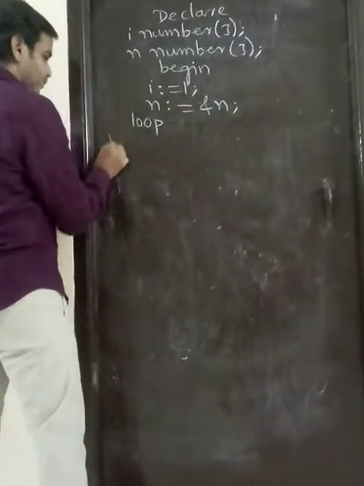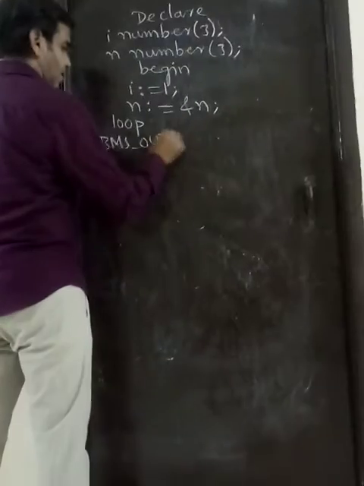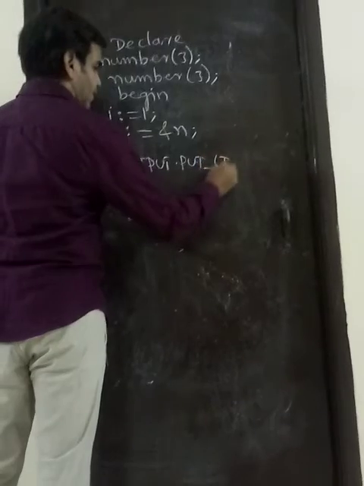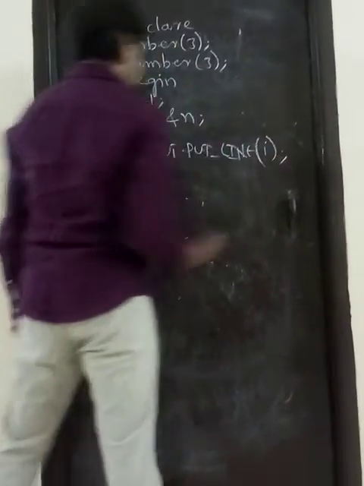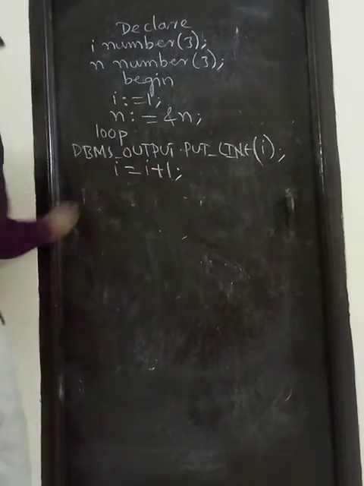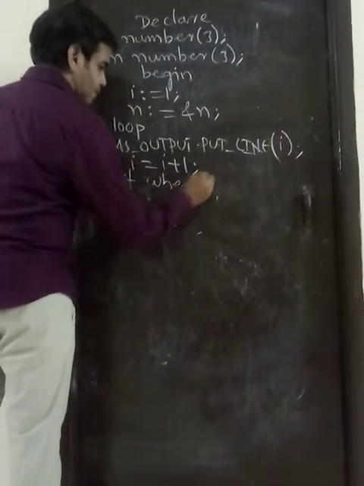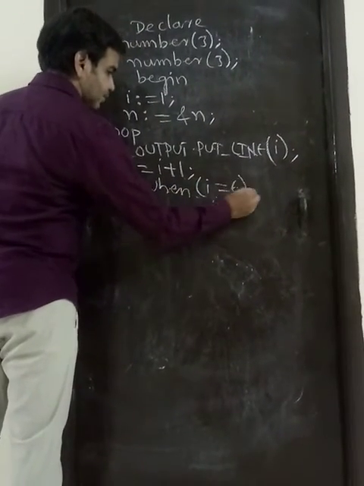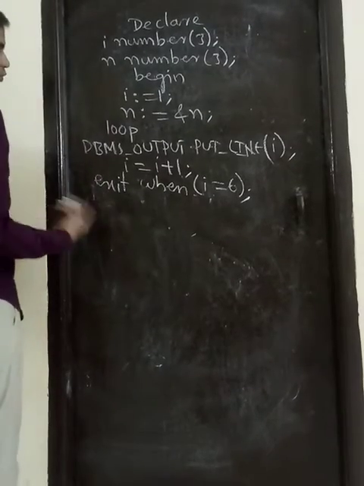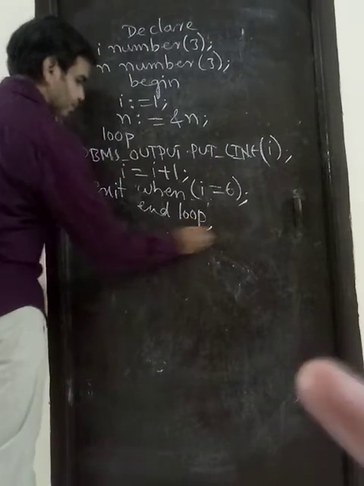We are displaying dbms_output.put_line, we are displaying I. Then I is equal to I plus 1. So exit when I is equal to 6. It closes. So there is no if and loop is there. End loop. Then end.